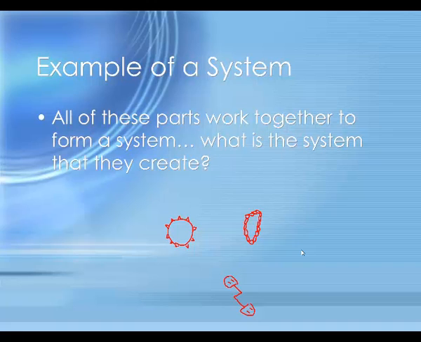Yes, sir? It is a pedal bike system. All right? It is the pedal bike. So we've got our sprocket, our chain, and our pedals. And if I would have kept going, I would have probably put the handlebars on there like this.